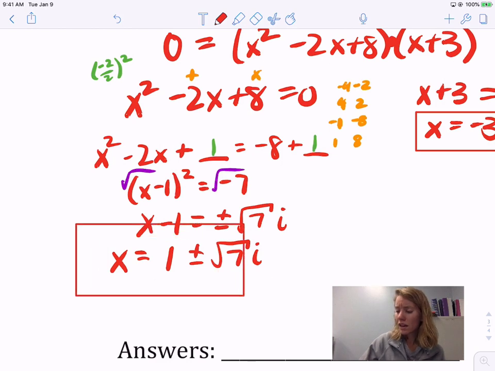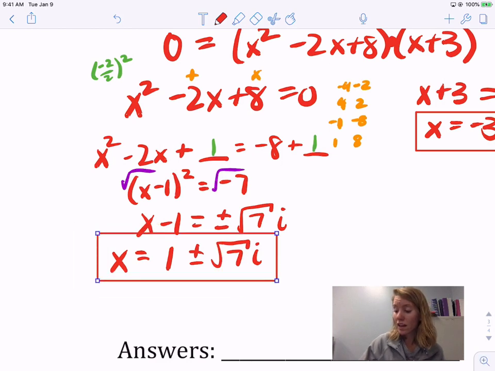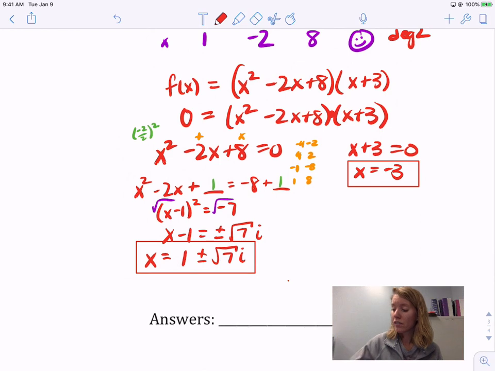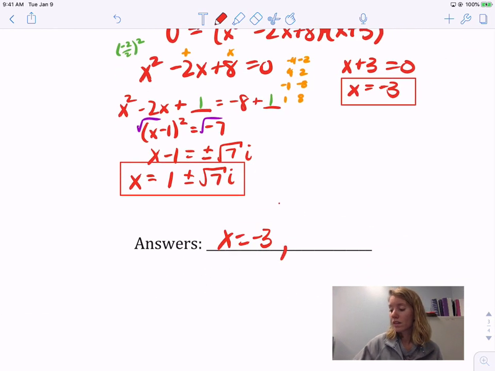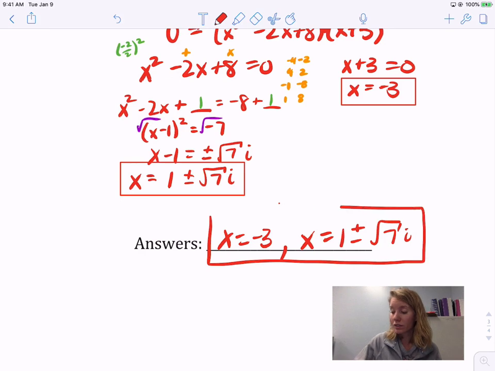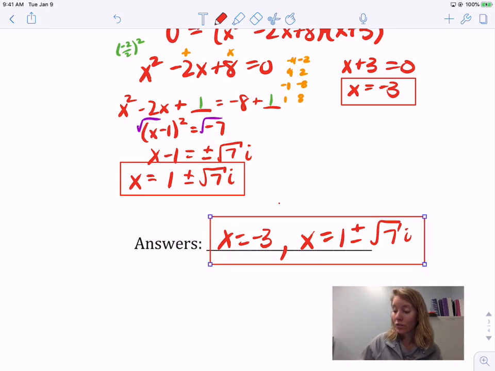Okay, notice that I've still got 3 answers. I have x equals negative 3, x equals 1 plus radical 7 i, and x equals 1 minus radical 7 i. So I still have 3 answers, but technically I have 1 real solution and 2 non-real solutions.